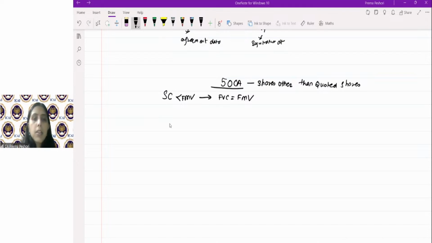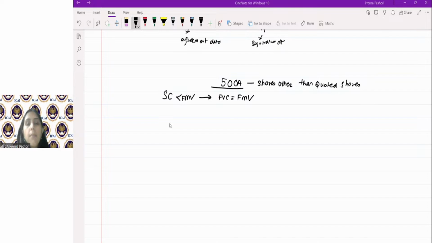How will we determine? So this is as per the valuation rules. The fair market value is determined as per the valuation rules. Now, the valuation rules are provided under Rule 11UA. The valuation rules are provided under 11UA and 11UAD, right? So what does it provide? So 11UAD provides that the provisions of 50CA, okay, 11UA first we'll talk about.